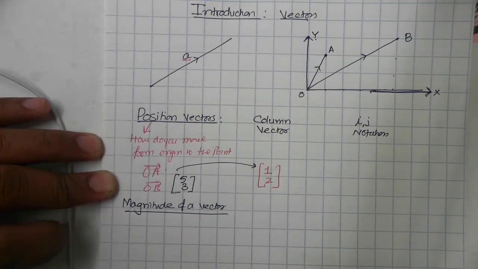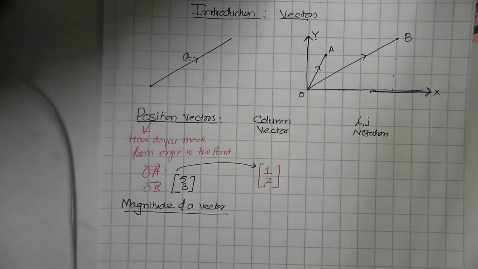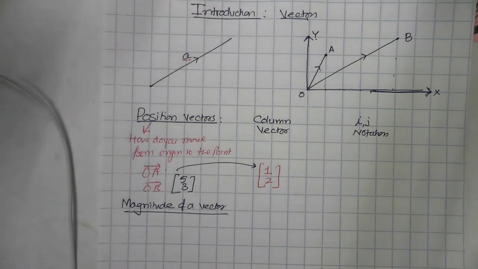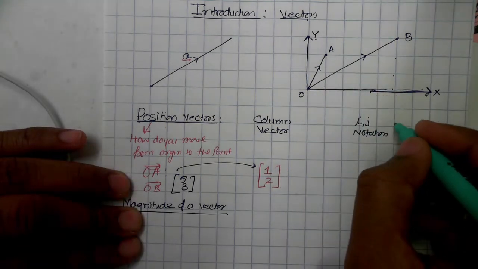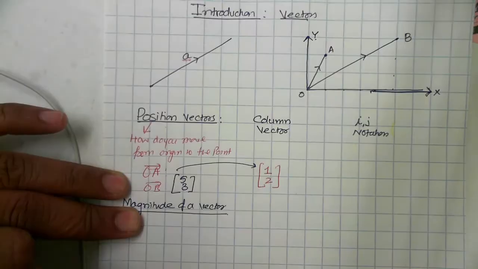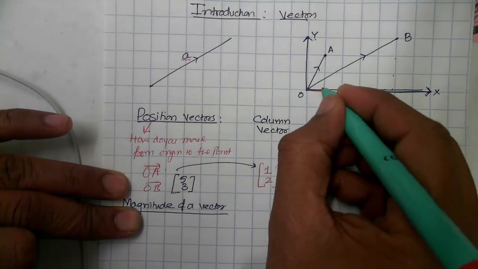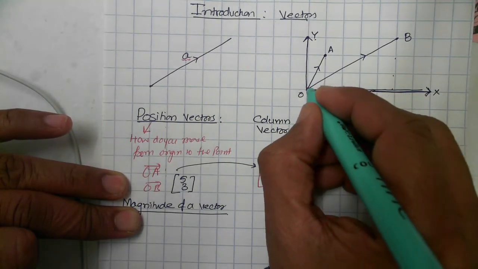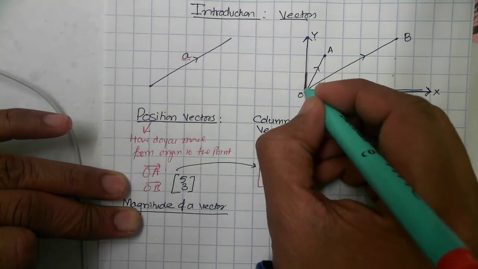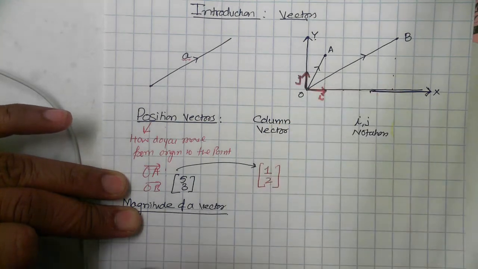Then comes the ij notation. This is the unit vector notation, which people will use. How does that work? We say that a unit vector is a vector with magnitude 1. In the x direction, the unit vector is i, and in the y direction, it's j.